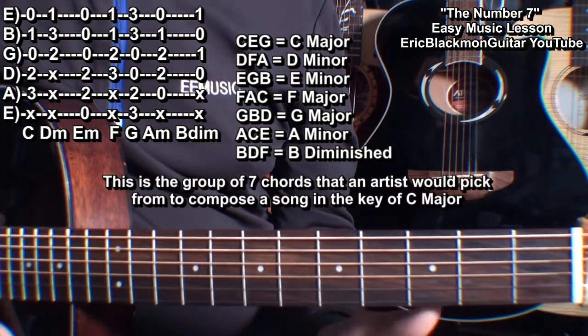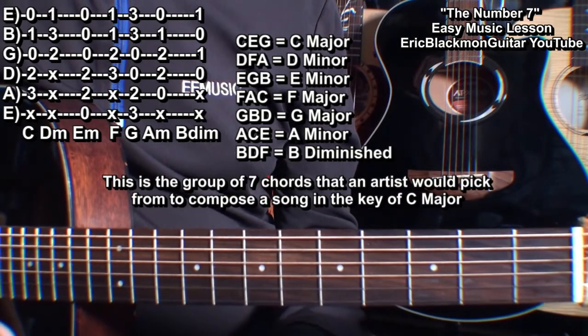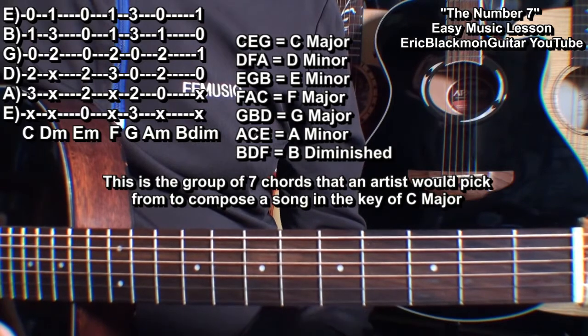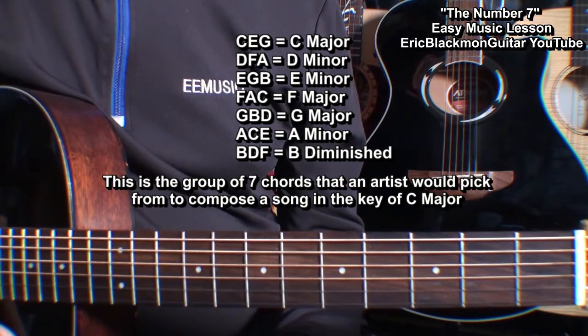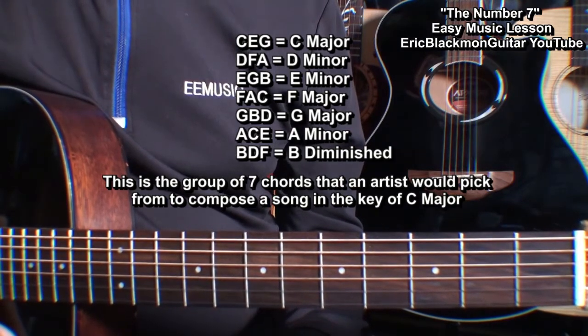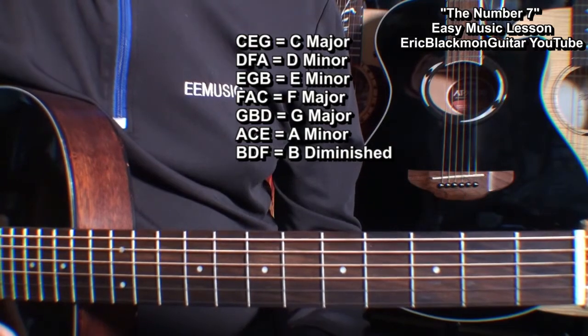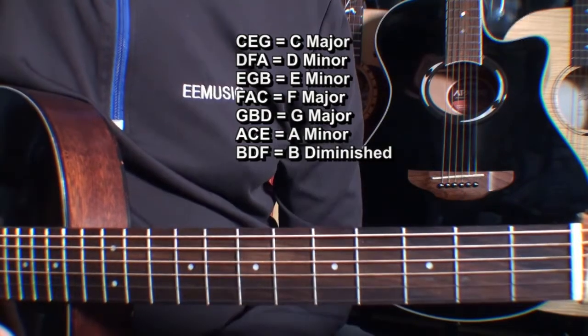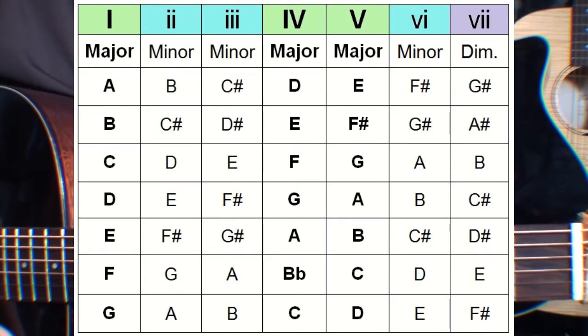These are the chords that would make up a song in the key of C major. These are the 7 chords of a major key or scale. This can be done with any major key or scale. So this is the process that you would use to figure out what chords are in any key.